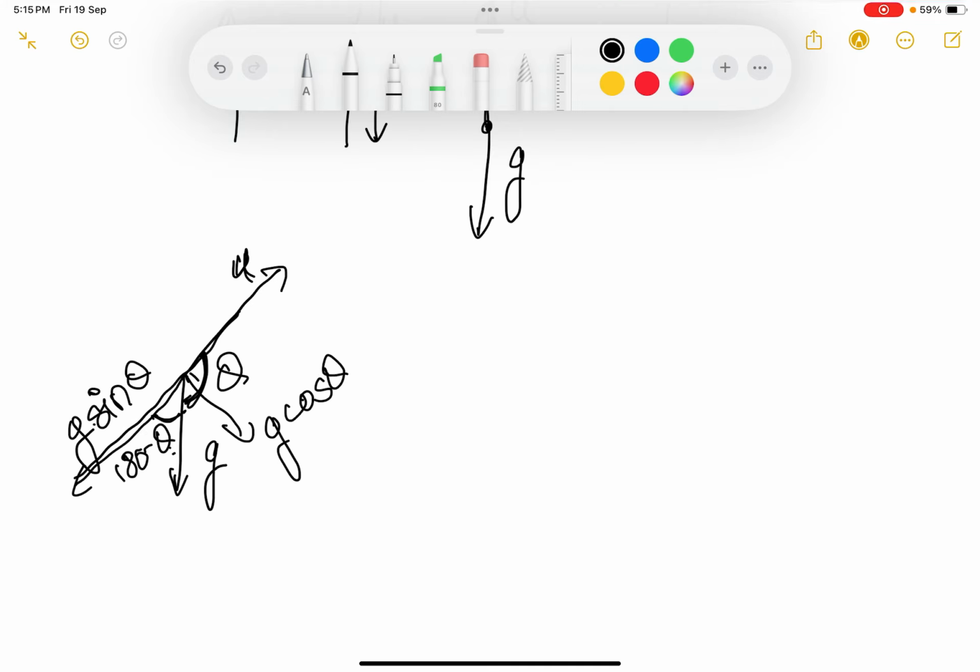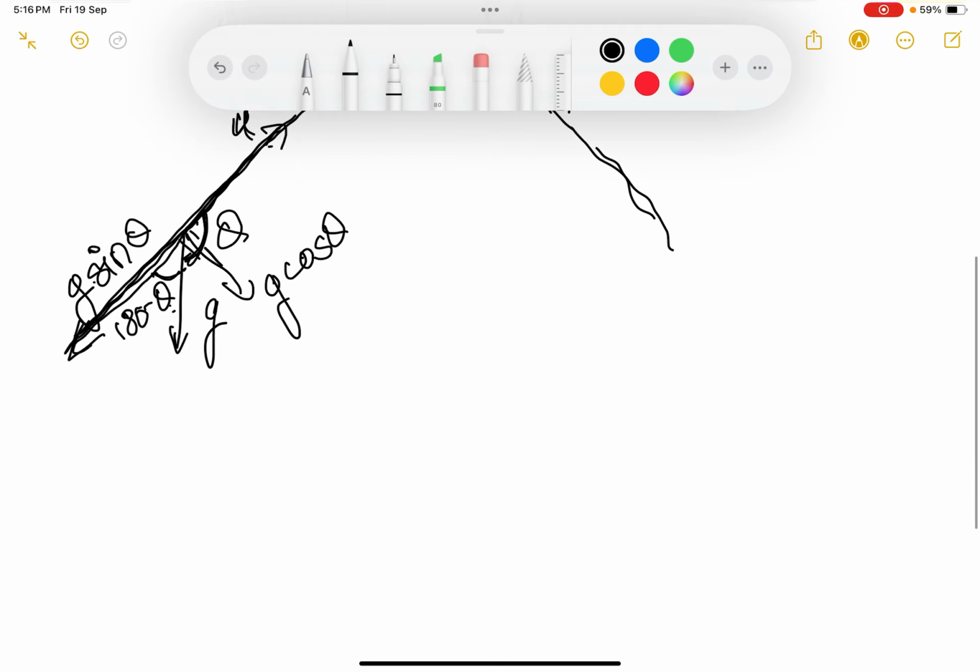The component which is acting in the direction of velocity will slowly decrease the velocity of the object, and the component which is acting perpendicular to the velocity will change the direction of the object. So the motion will be like this.